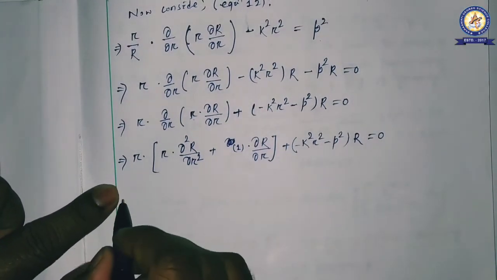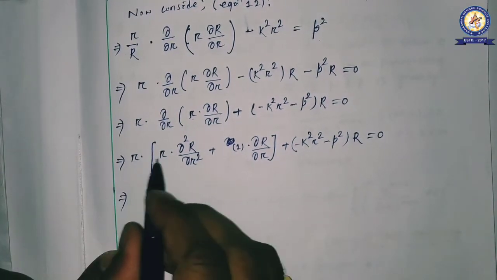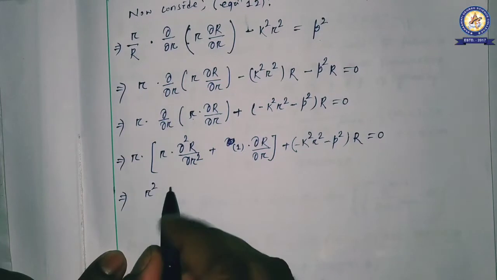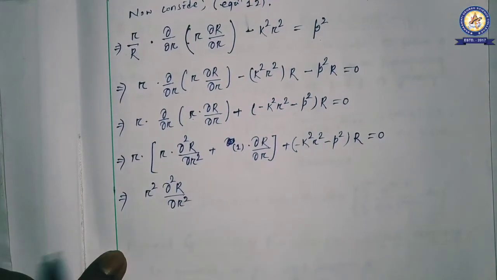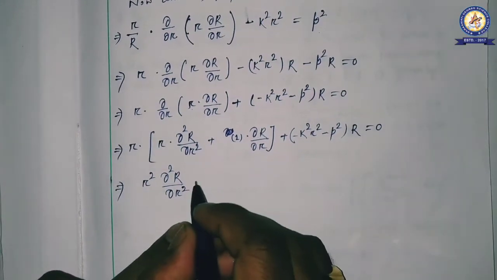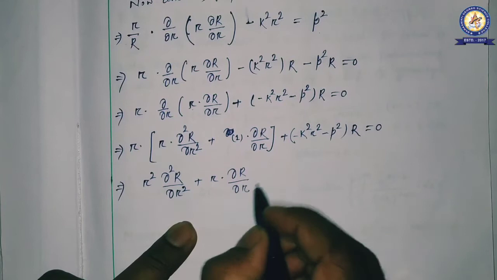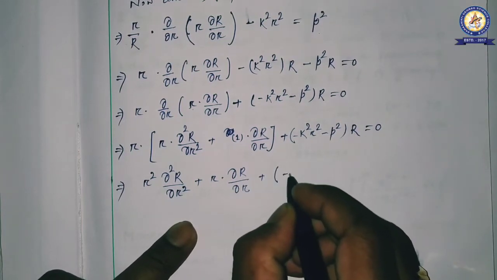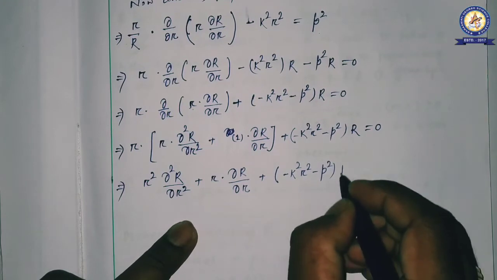So that implies we found r square del square capital R by del r square plus r into del R by del r plus minus k square r square minus p square into R.